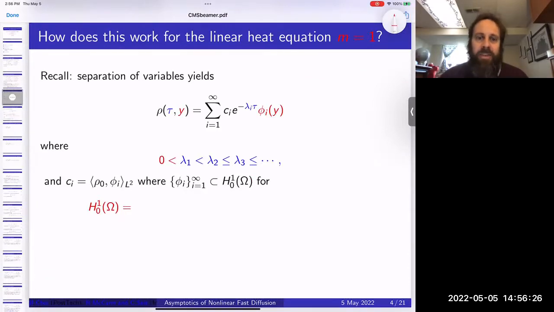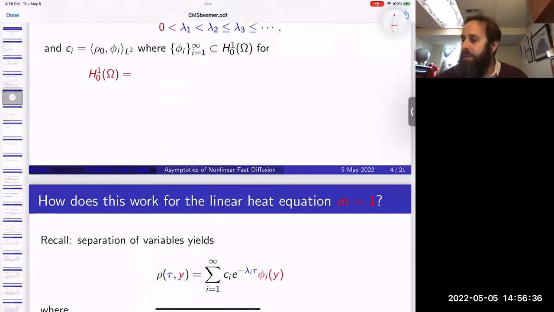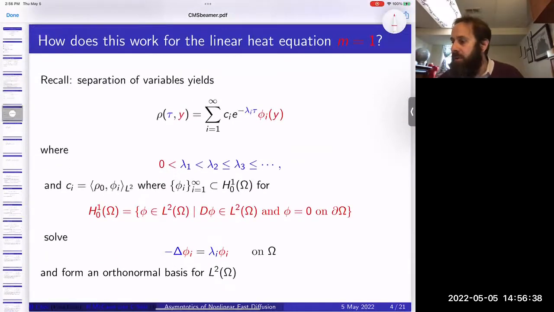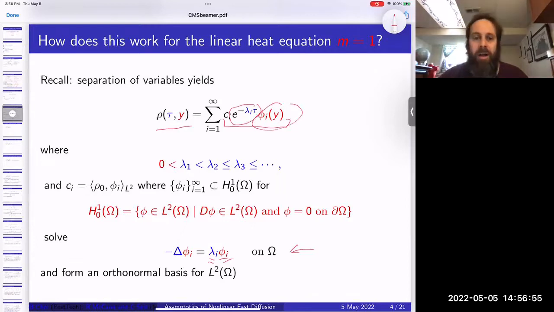In the linear case, you can try to write rho as the product of a function of time tau and space y. If you solve the Dirichlet problem for Laplace's equation with 0 boundary conditions on your domain to get a bunch of eigenfunctions with eigenvalues lambda, you can express the general solution rho as a linear combination of these eigenfunctions weighted by exponentially decaying in time coefficients, and then the c_i would represent the initial conditions.